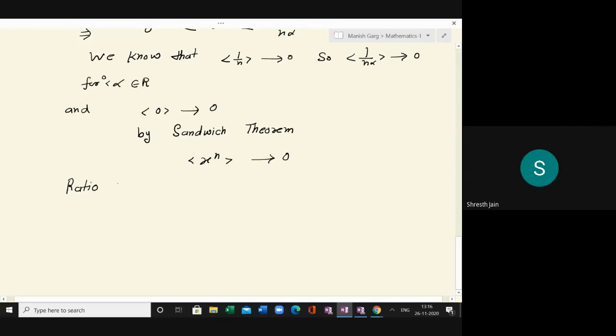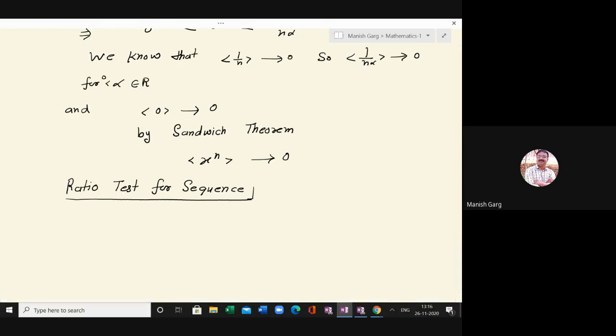Excuse me, sir. Sir, how will we know that we have to apply Bernoulli's inequality in this question? Actually, if you solve a mathematical problem, you can use any previous result. And now the question arises, how? It comes from experience. It comes from practice.